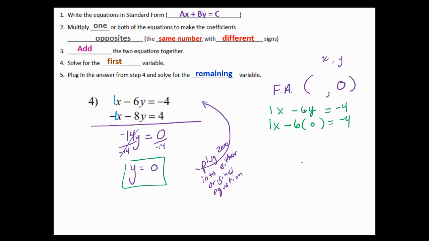Sorry, I didn't write down the original equation. So here we plugged in y is worth 0. Just do the math. So this would be 1x equals, because this would just be 0, right? I mean, if you want to put minus 0, 6 times 0 is 0. It's negative 4. It's a little silly because 0 is just gone. And there's your answer. 0 is 0. So x equals negative 4. Okay, so there's our final answer.